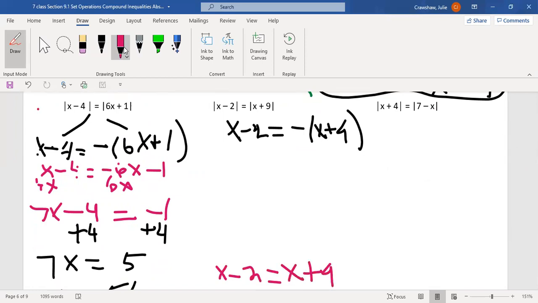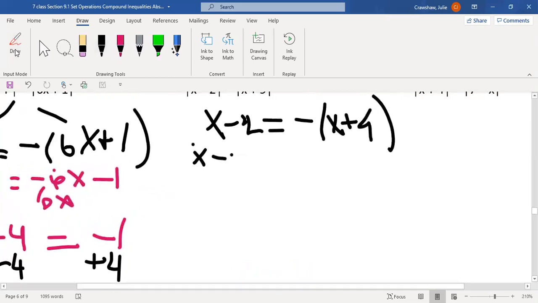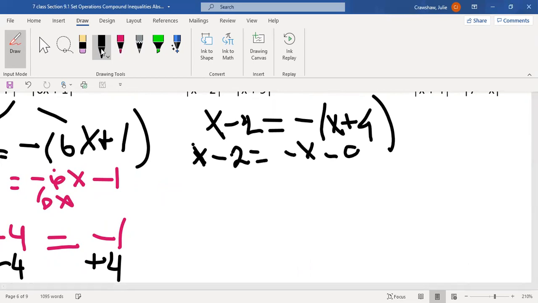I always like to do the opposite one first because we're always conditioned to do left to right, smallest to largest. So I'm going to distribute my negative, and I'm going to get x minus 2 equals negative x minus 9.